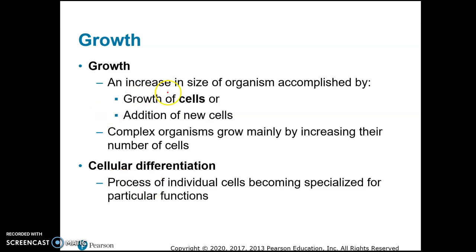So growth can be an increase in the size of cells, or it can be the cells dividing and the addition of new cells. The cells can grow in size, or they can divide and we can get new cells.